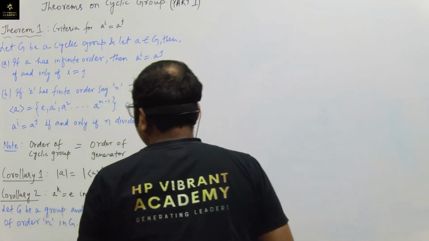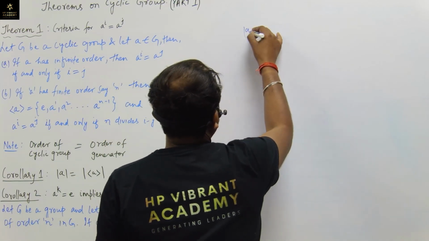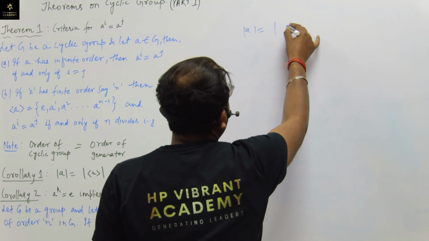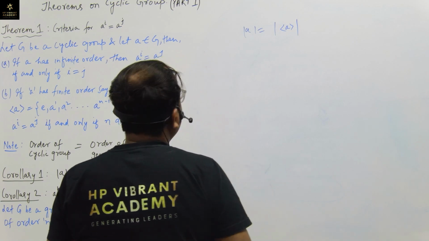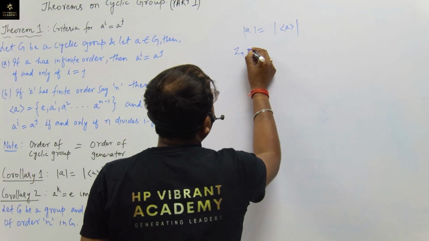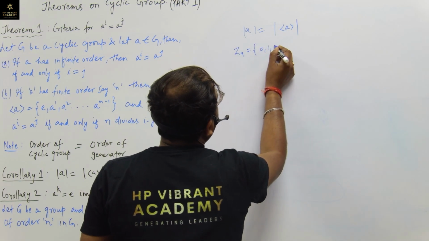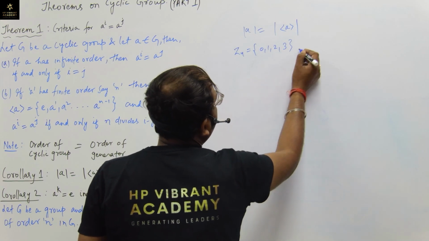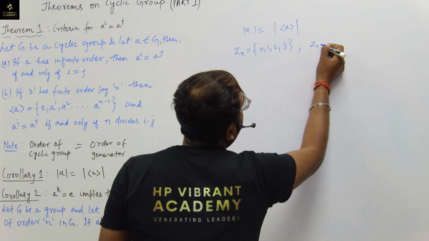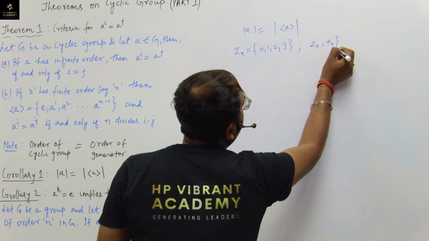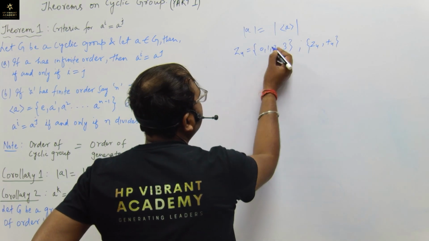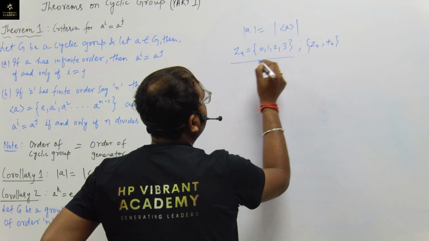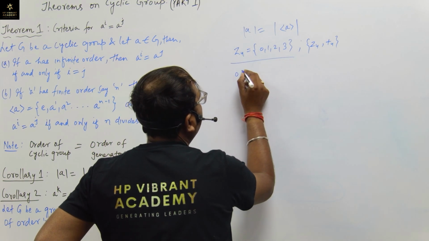We have Z4 equal to 0, 1, 2 and 3, and Z4 forms a group under addition modulo 4. Let us take the element 2 and find the order of element 2.